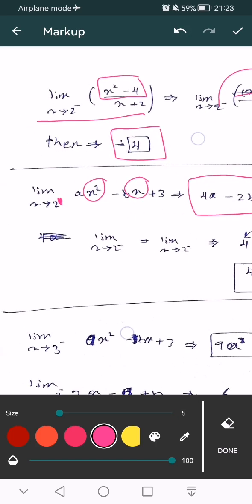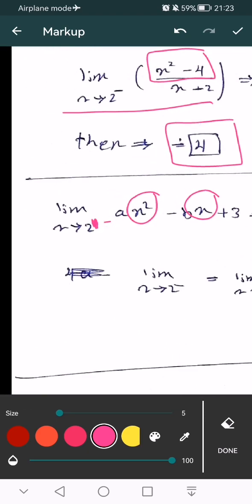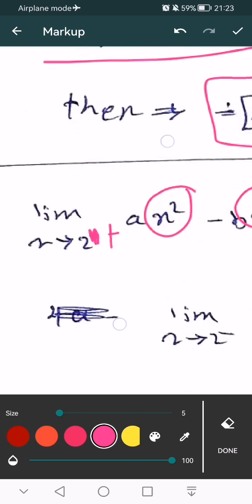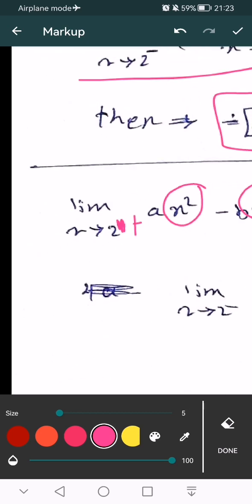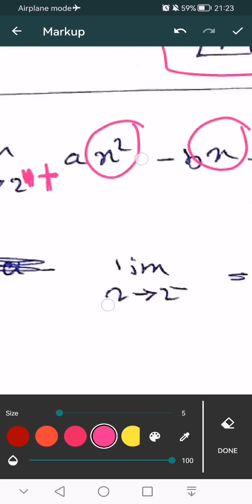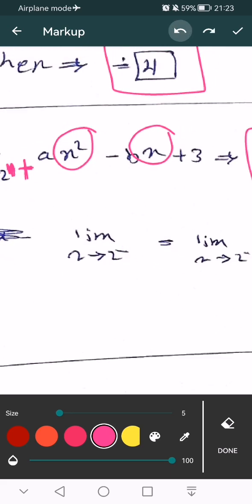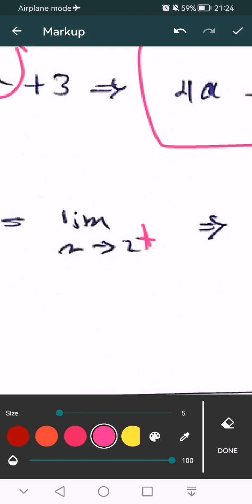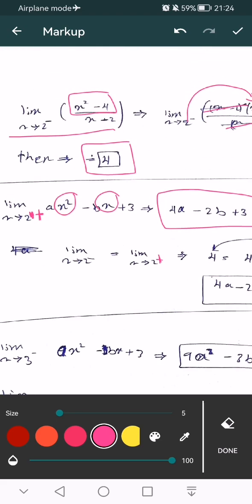I can take the limit from the left or from the right, and I get the same answer. Because the function is continuous, the limit as x goes to 2 from the right side must equal the limit from the left side.